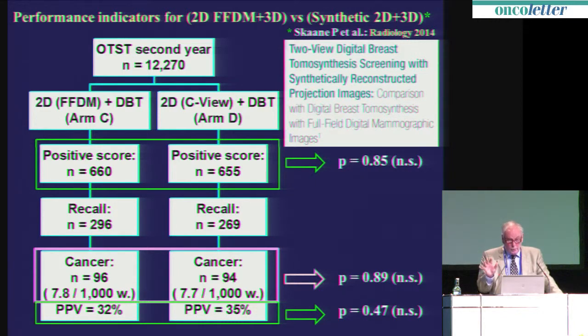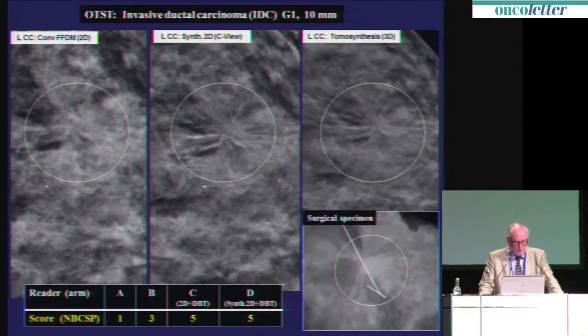But I want to underscore, I will not say that per today, synthetic 2D as a stand-alone diagnostic test is good enough. But in combination, and that is my message, in combination with tomosynthesis, we can use synthetic 2D images.